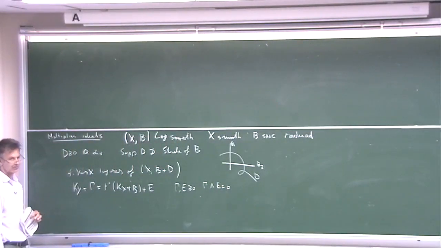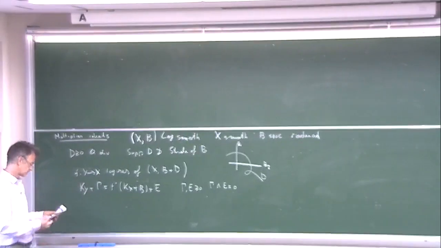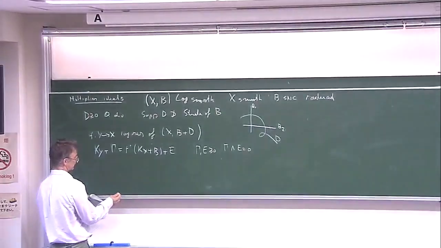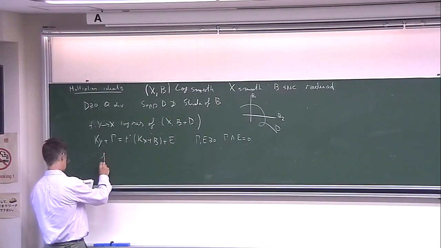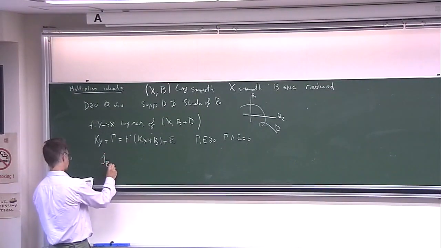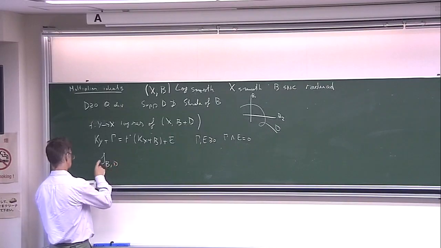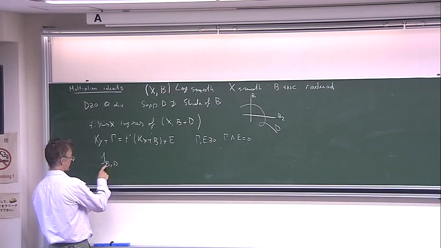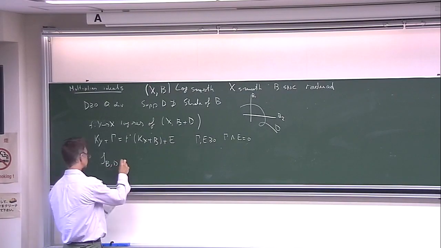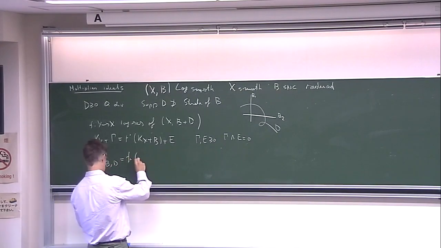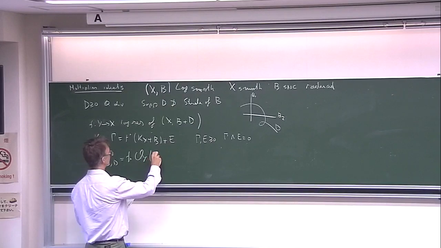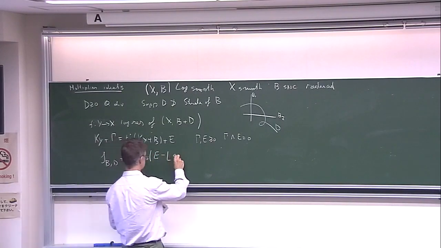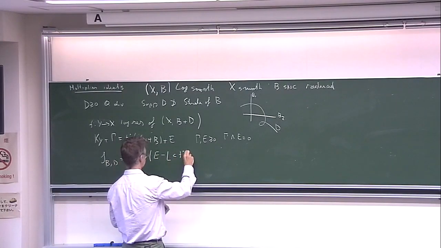They have no common component. Having said that, I'm ready to define the multiplier ideal sheaf. In the literature, this is often referred to as some kind of adjoint ideal. This will be the multiplier ideal sheaf of D with respect to the pair (X, B). It's just going to be the push forward of O_Y(E minus the round down of the pullback of D).